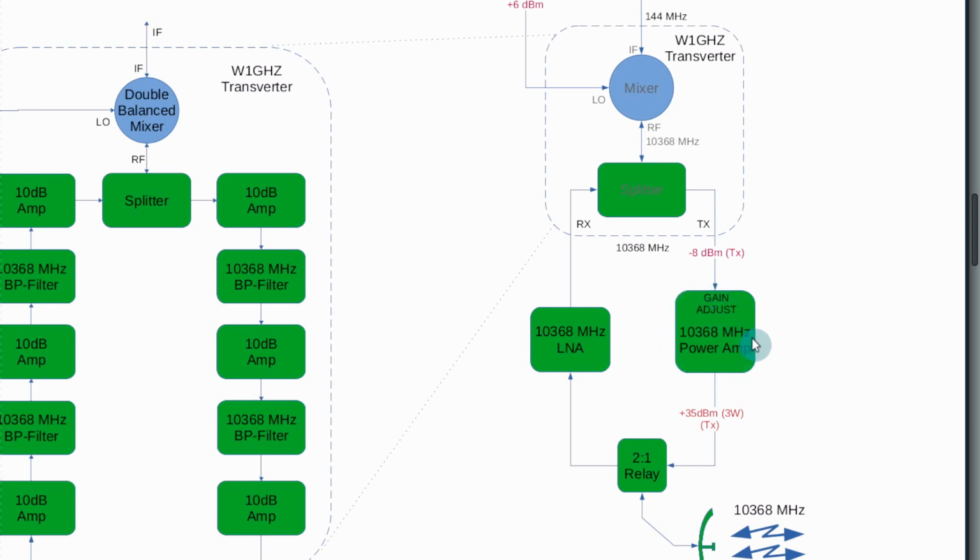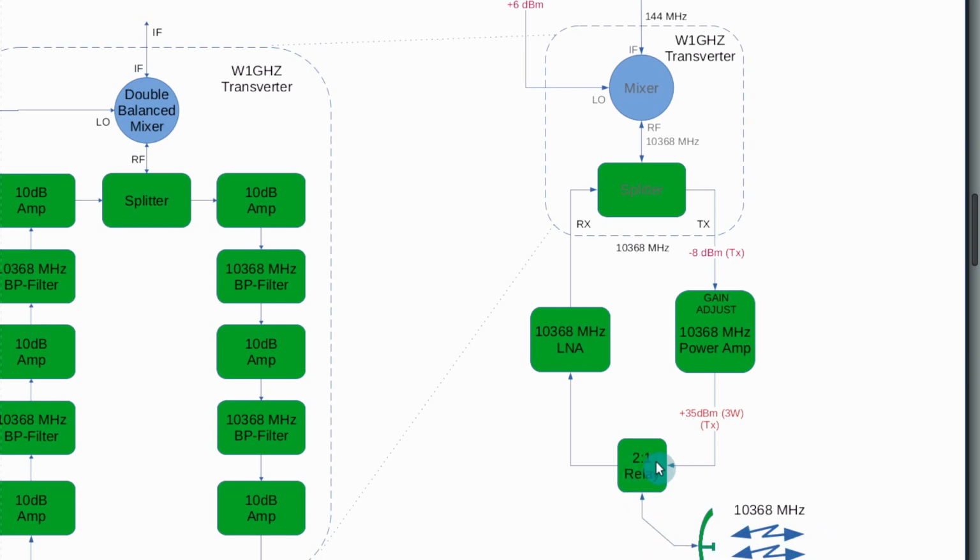We have our power amplifier, which you've seen in a previous video. It has a gain adjust potentiometer that I will adjust, so that minus 8 puts out roughly 3 watts, plus 35 dBm. We have an external coaxial SMA relay into the antenna.